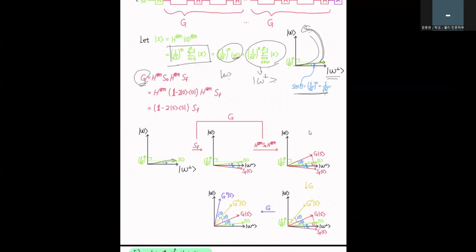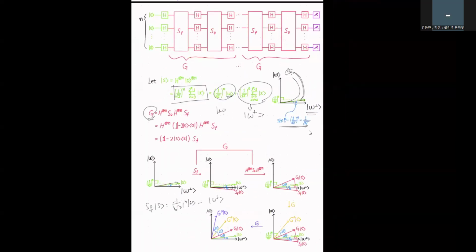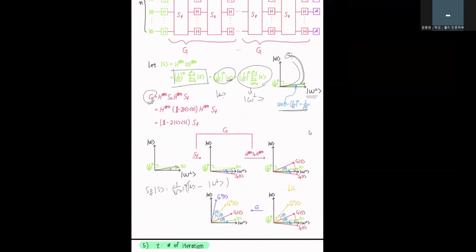So basically, if we apply this to S, we of course get this, and then we get this over here, which is just negative. So basically, we're flipping this around this axis.